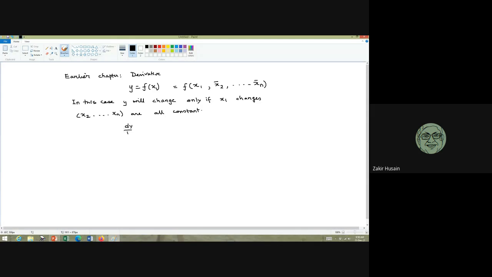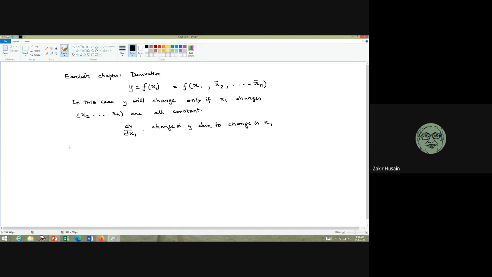So we can simply write dy by dx. This is the change in y due to change in x1. Sorry, it should be x1.